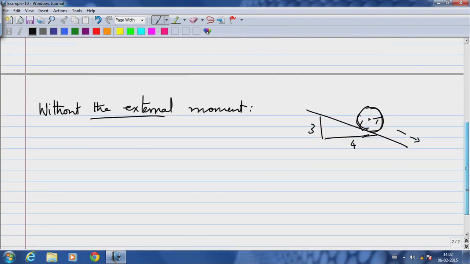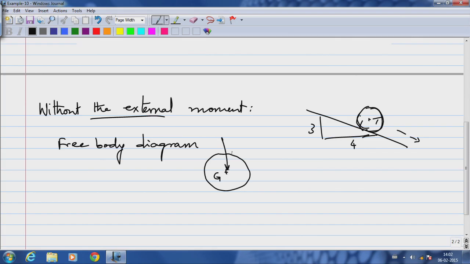Okay, so, let us first draw a free body diagram. I have a sphere. This is the center of mass. There is a weight 160 newtons acting through the center of mass.